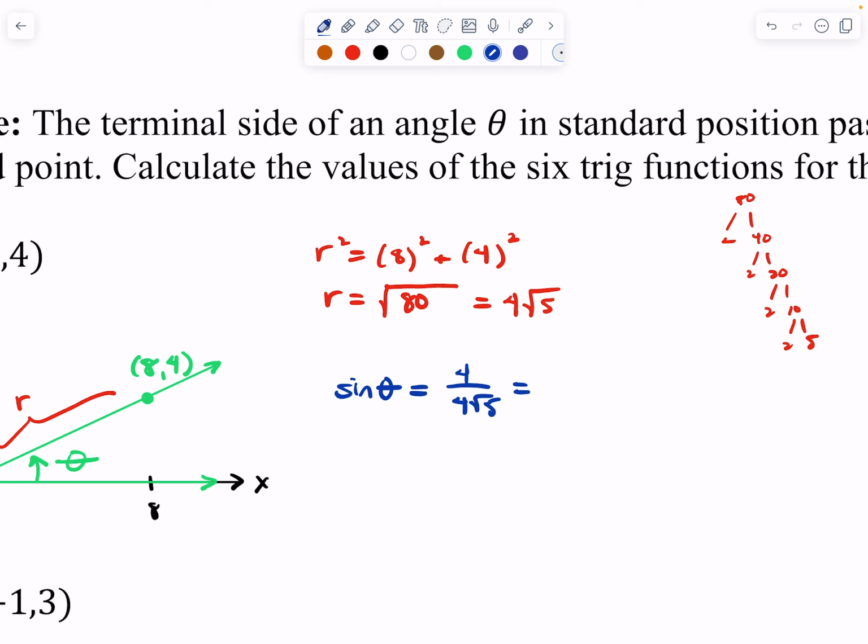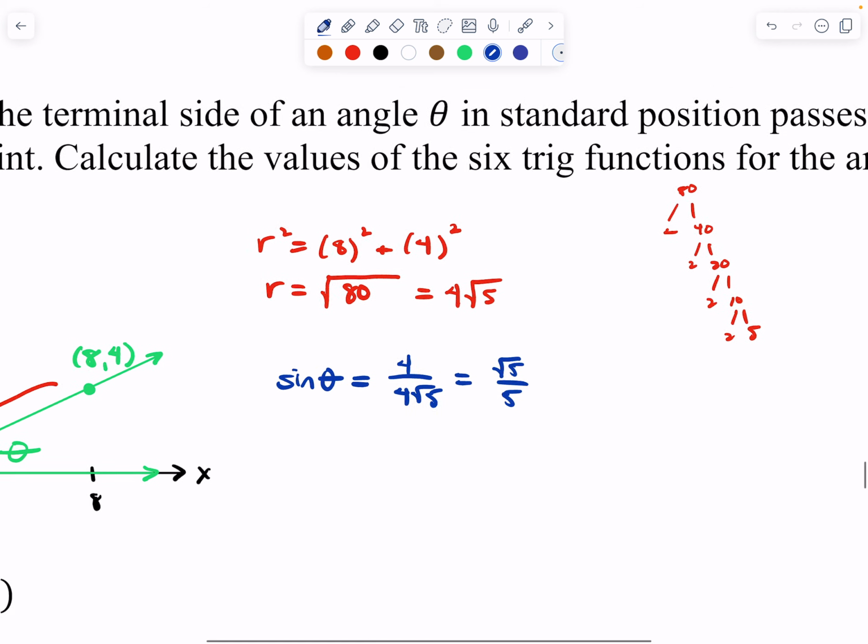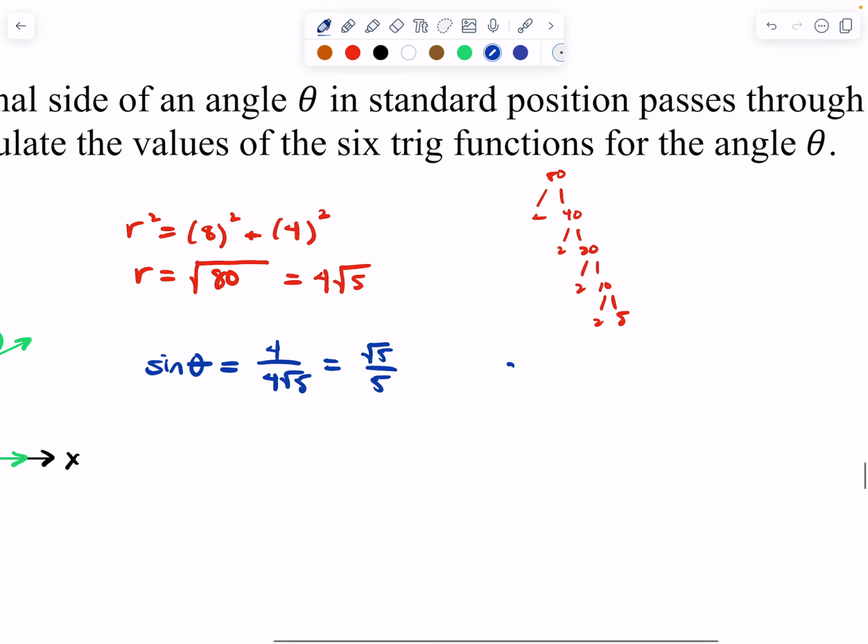And if we thought about rationalizing the denominator, that actually turns into root 5 over 5. The reciprocal of sine would then be r over y, so 4 root 5 over 4, or just root 5.